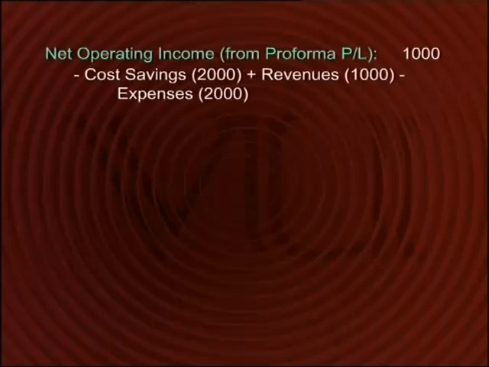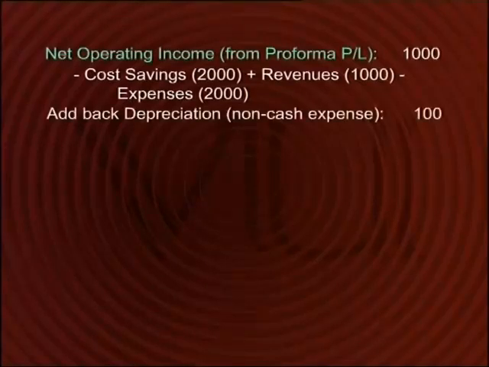This is the estimated net operating income from your pro forma P&L. Let's suppose that that might have a value of 1,000 rupees. Now, how do we come up with this net operating income? Again, this is income, so it is based on certain cost savings minus expenses. All kinds of expenses, including administrative, cost of goods sold, and marketing expenses.